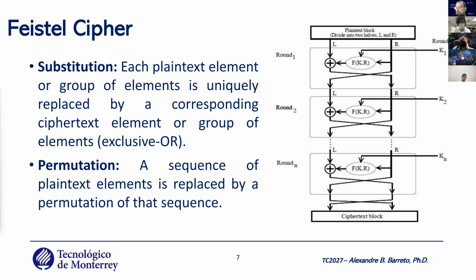And if you apply the shift with the same key, in the opposite direction you can regenerate the message. Okay, again, the Feistel is only an idea. Any questions until here? No? Okay.